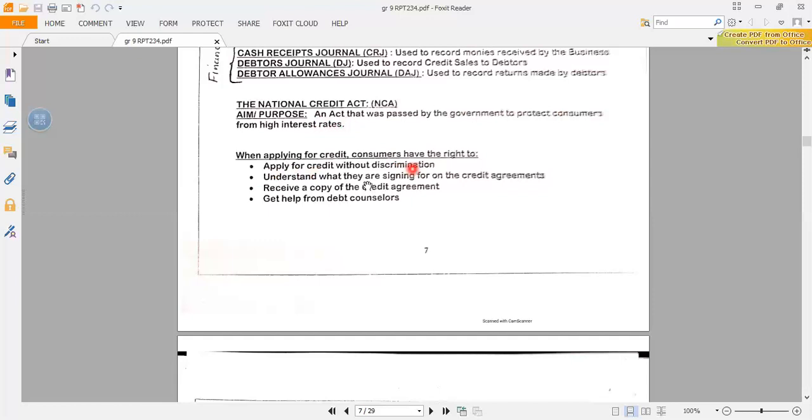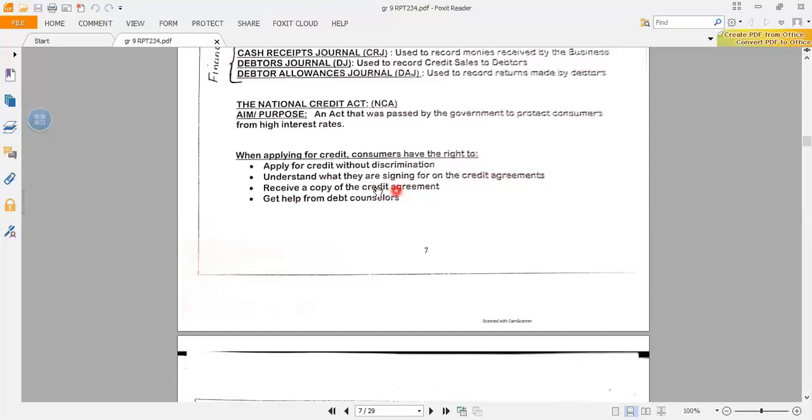They need to understand what they are signing on the credit agreement, which means if customers are unable to understand the clauses in the agreement, they can ask for those clauses or terms to be interpreted in their language so that they have a better understanding. They have a right to receive a copy of the credit agreement that they are going to sign.